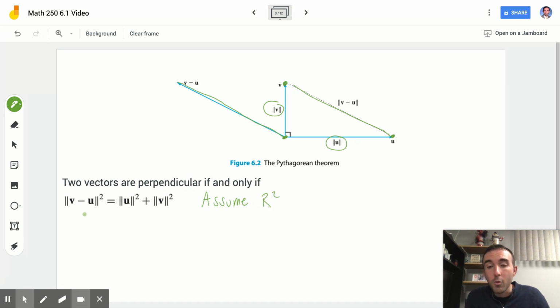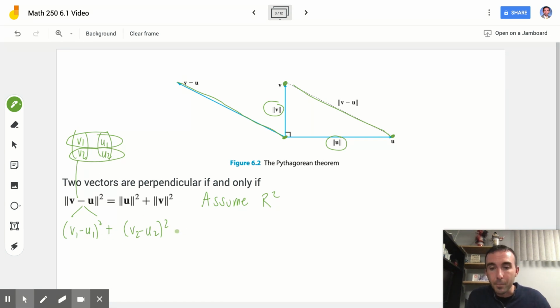If I would like to prove that this statement holds up, I can re-understand this as v1 minus u1 squared plus v2 minus u2 squared. In other words, I have these two vectors, v and u, each with two components. And if I'm finding the norm, again, I'm doing a Pythagorean theorem type calculation. So I'm just finding the difference of the first components and the difference of the second components, and then I'm squaring those differences and adding them up.